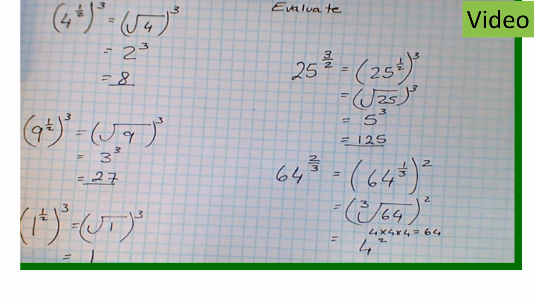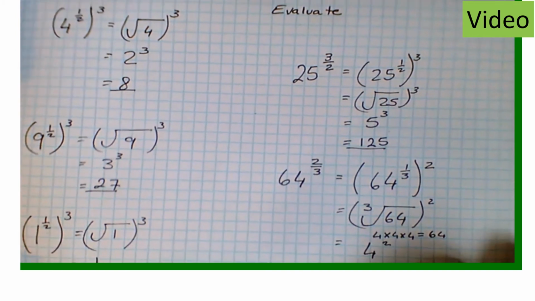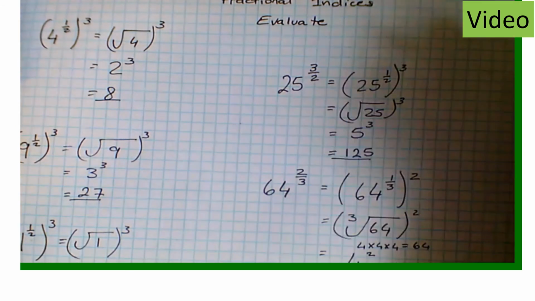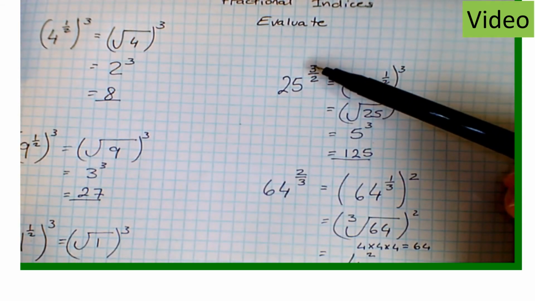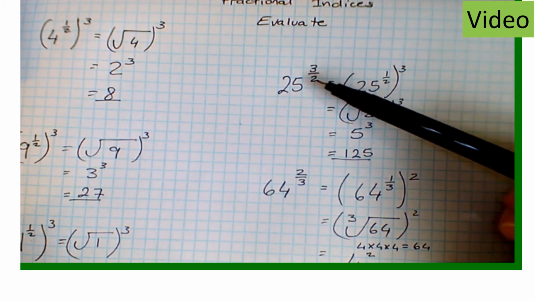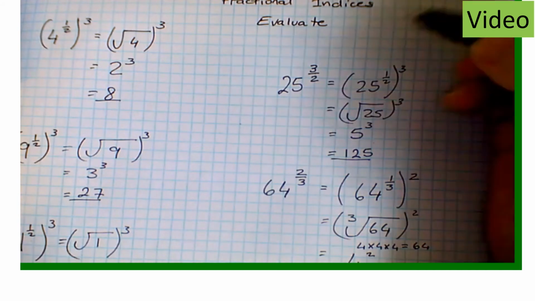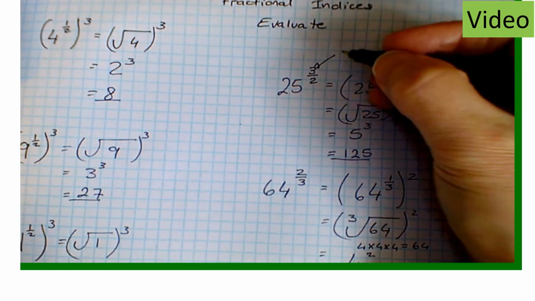Another way to think about it is that if I've got a number to a fractional power, I can have a look over here. The number on the top is the power, and the number at the bottom would be my root. And the way I think about it is power on top.